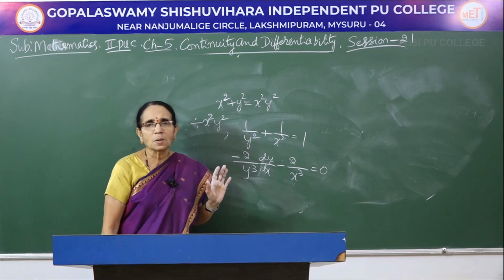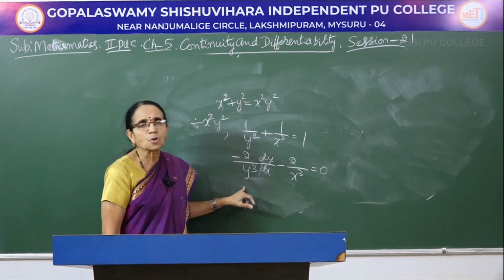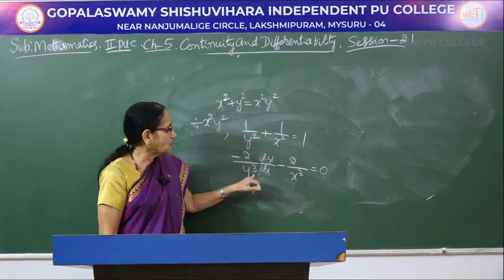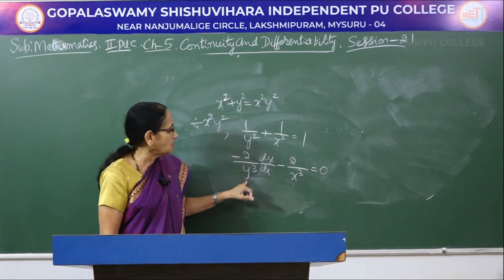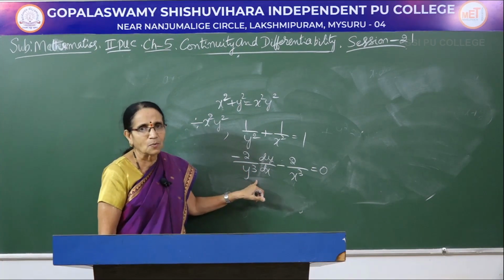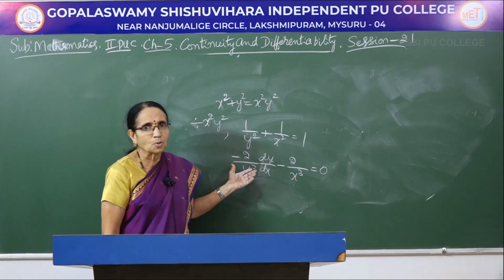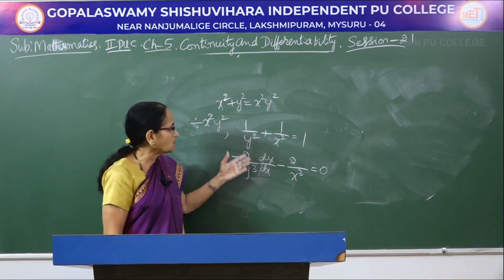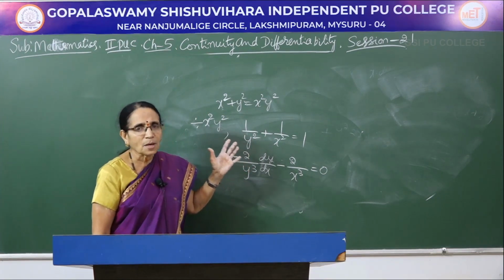I am using the formula of the derivative of 1 by x power n, which is minus n over x to the power n plus 1. Write the index of x in the numerator with a negative sign, and increase the index of the denominator by 1. When it is a whole number, an integer, it is easier for you to write the derivative directly. Otherwise, you take it to the numerator and apply the formula n into x to the power n minus 1.